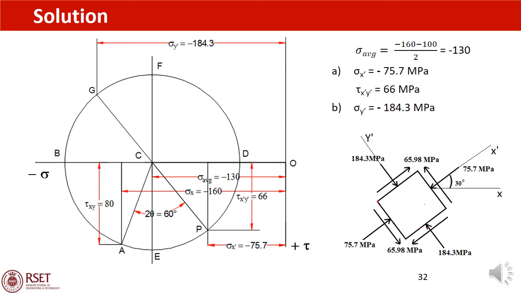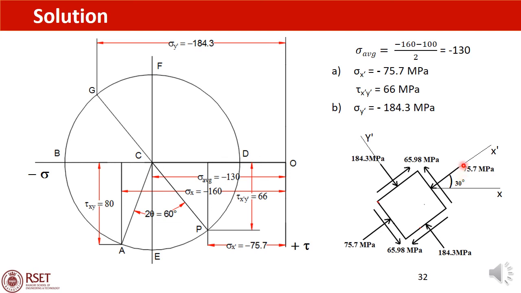Now the diagrammatic representation of all these results is shown here. This is the original x-axis direction, and the element is rotated through an angle 30 degrees in the counterclockwise direction.